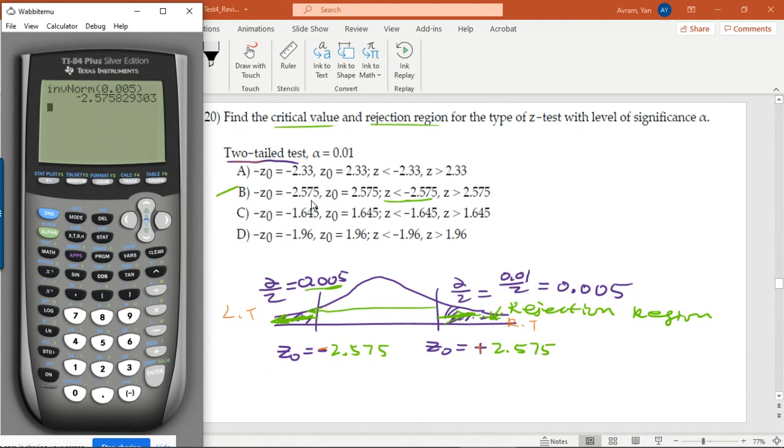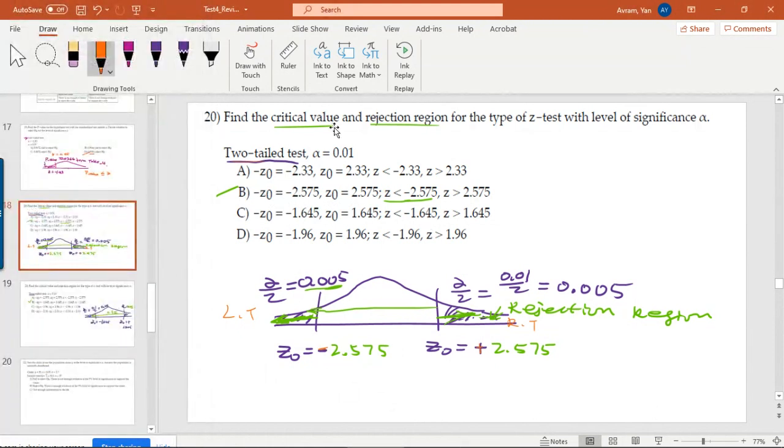But you know, if we read it from the table it is not as accurate as the calculator. So that is the closest answer in here. Okay. All right. So that is how you find a critical value in here. And this is also called a rejection region, okay?